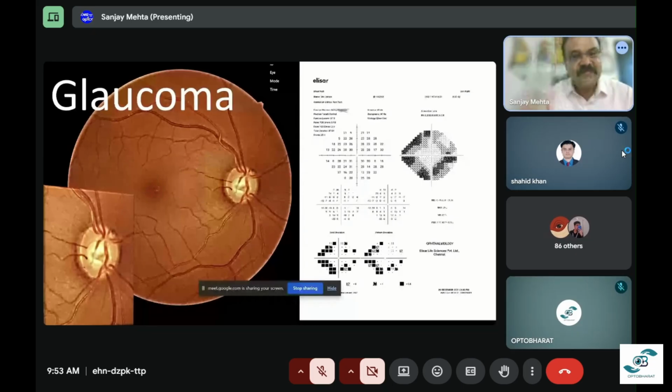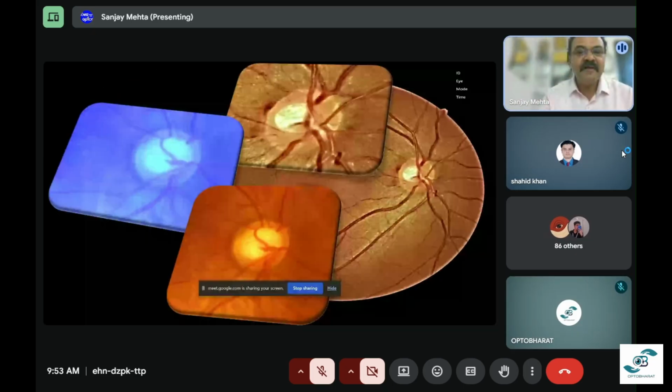Now, this is how the changes take place over a period of time. Here you can see an almost normal pupil, normal optic disc. Then the cup disc ratio increases, and here you can see what we call bayoneting of the vessels. They kink inside and down, and there are so many other features of glaucomatous cupping.